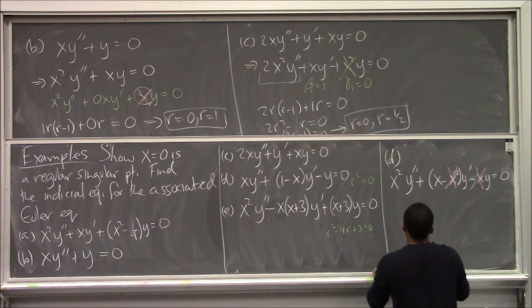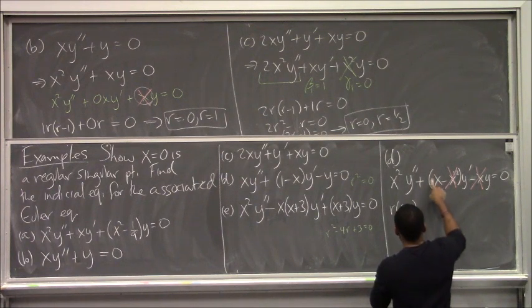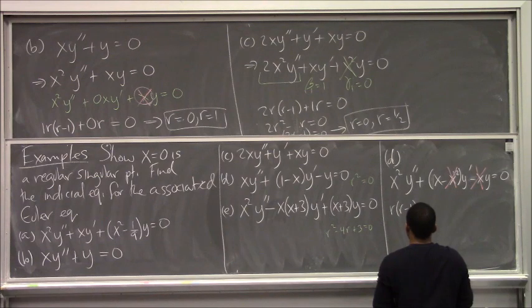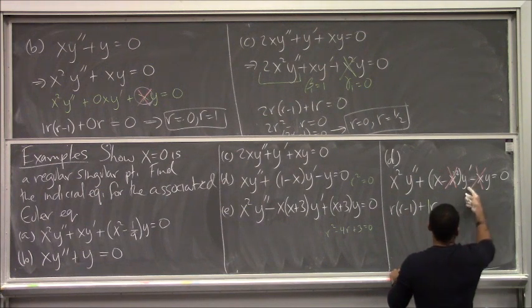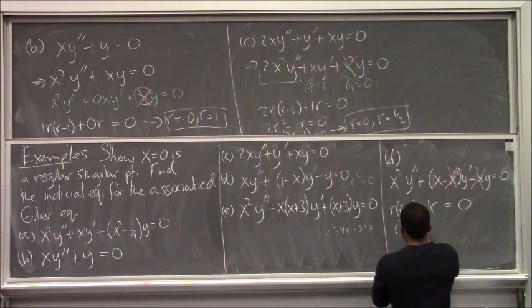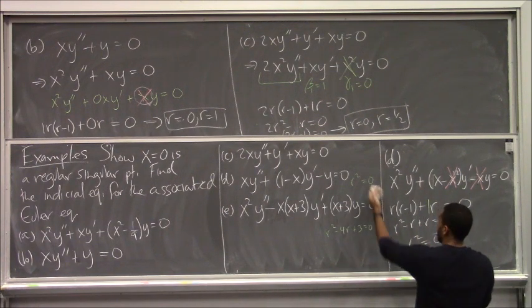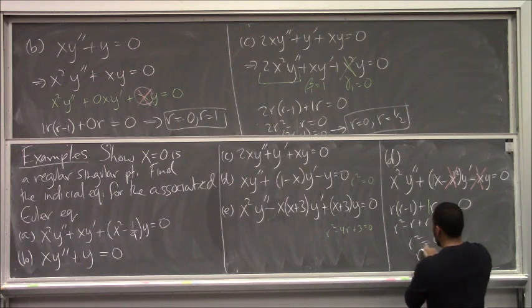So, I just have r minus 1. The coefficient here is 1. So that's going to be plus 1 r, because that guy fits. No one here fits, so I end the equation. R squared minus r plus r equals 0, so we have r squared equals 0. So that's the correct equation. We have a repeated root of 0.